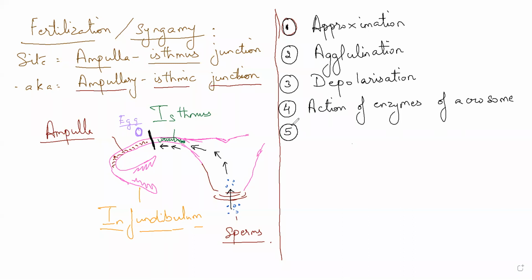As a result, the coverings of the ovum are dissolved. The enzymes act upon the coverings of the egg, and a tiny opening is created through which the sperm begins to enter. Entry of spermatozoa. The spermatozoa enters into the egg.